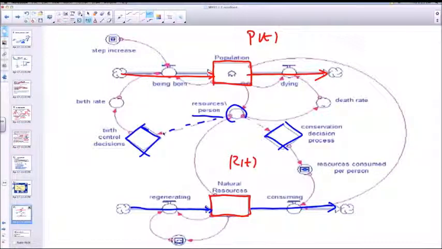See, that's why the decision line goes that way. And then this process controls the birth rate. The birth rate will control the being born in the population model.